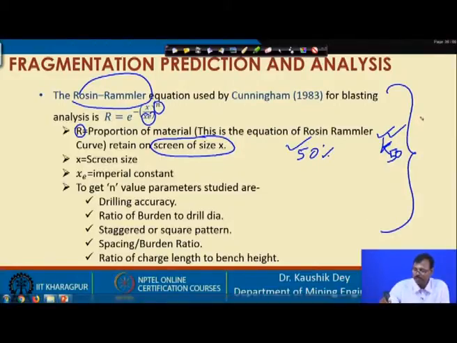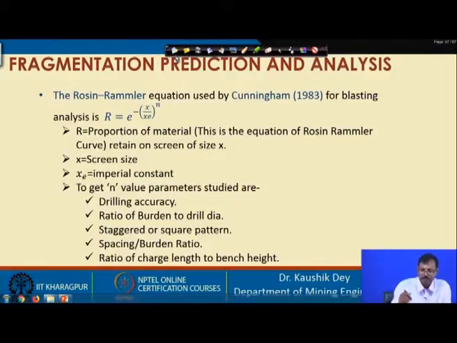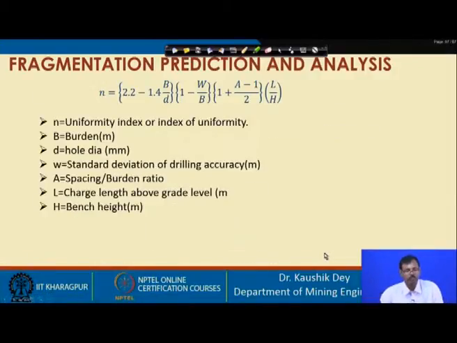to get the fragment size distribution, which we have discussed in the last slide, which is very important. That is why this is very important. The constant n is actually not a constant; it is called the uniformity index, which basically governs the slope between K20 and K80.